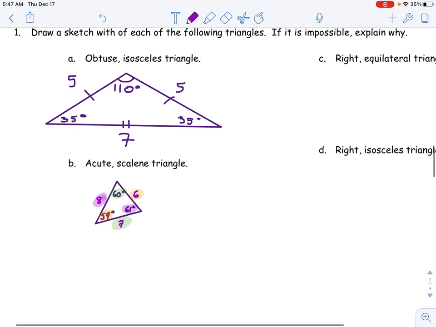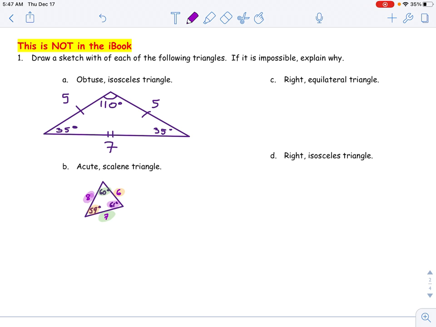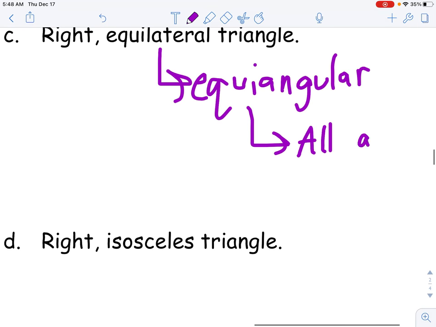Cruising right along. Right equilateral triangle, all right? So remember, equilateral implies equiangular. So that means all angles are 60 degrees.